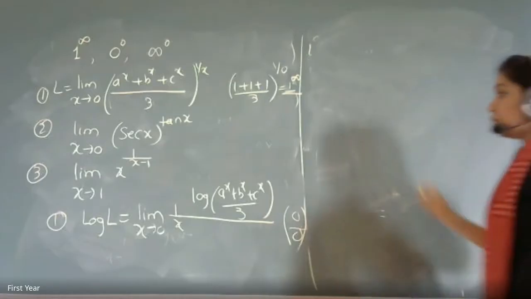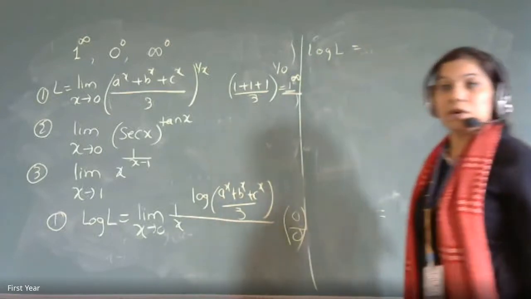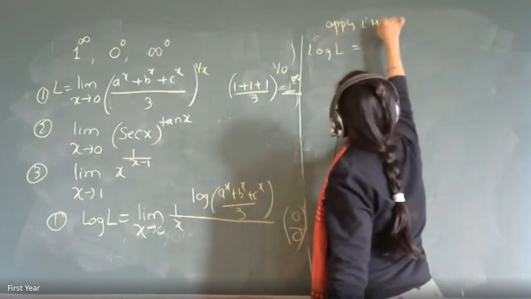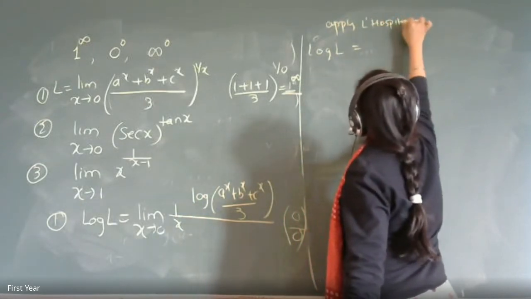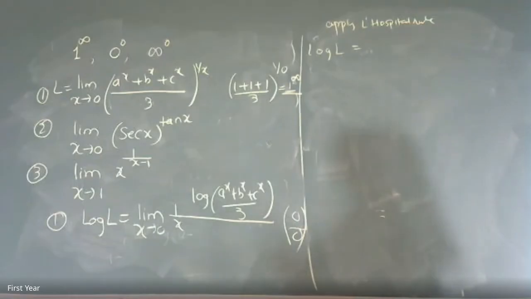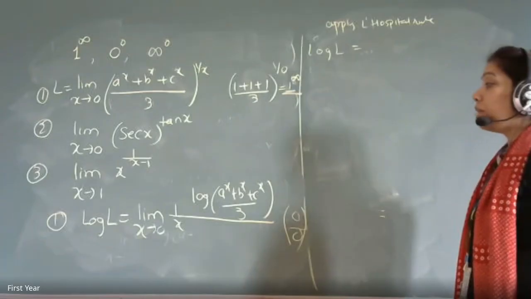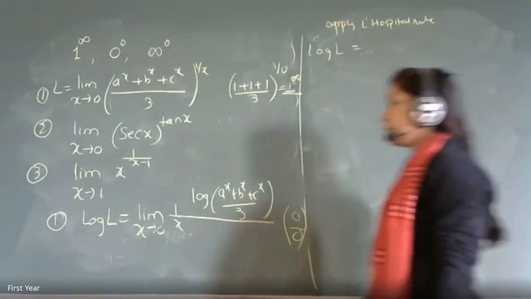So the log L is this, and therefore take the derivative now. Apply L'Hospital's rule. So log L is equal to the limit of x goes to 0. Do you want to simplify this like the previous example?